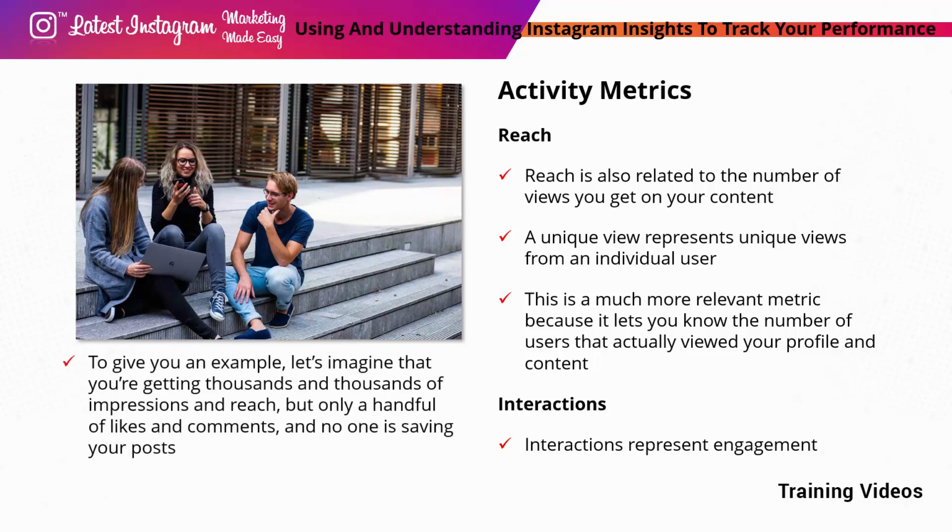To give you an example, let's imagine that you're getting thousands and thousands of impressions and reach, but only a handful of likes and comments, and no one is saving your posts. This is a signal that you are reaching a good number of people, but that your content isn't engaging enough. On the other hand, if you're generating 1,000 impressions a day and a similar amount of interactions, then it means you're on the right track.